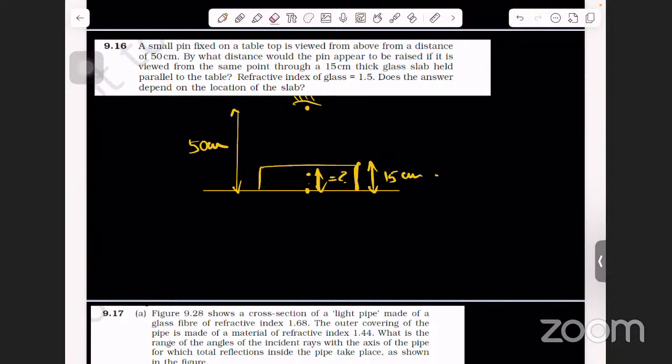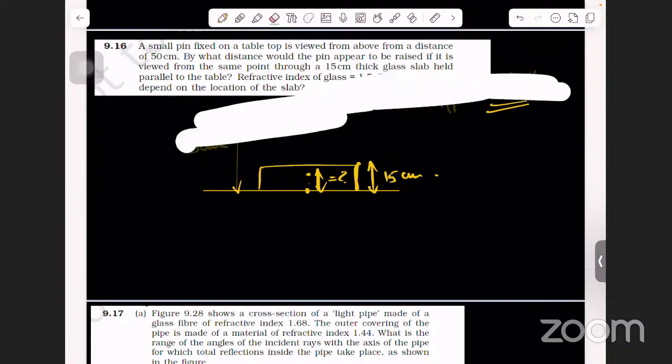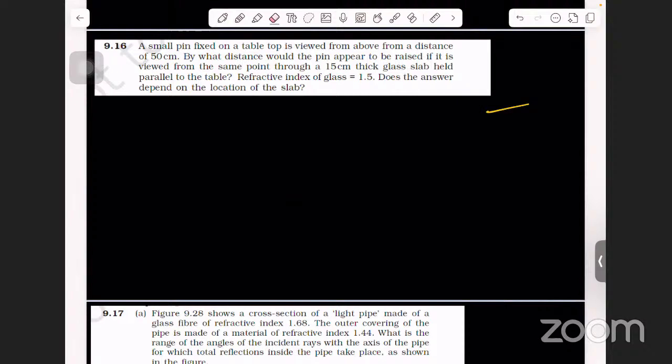We had done a previous similar question based on the apparent depth concept. The refractive index is given, so let's solve it. What is the refractive index? That is 1.5, which is real depth upon apparent depth, right?